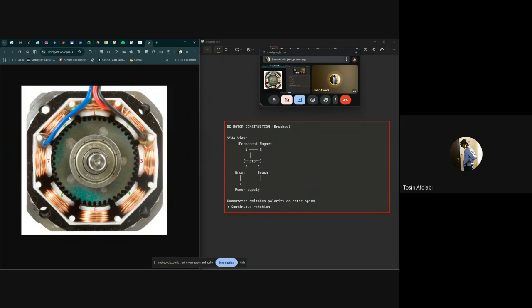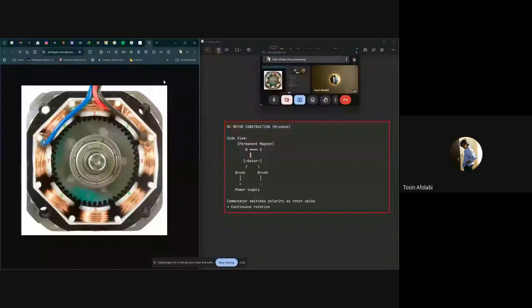I think this is 1, 2, 3, 4. You see the exact same 4, but this one is just 2 coils instead of 1. So that means this is 90 degrees. If we full step, that's going to be 1.8 degrees for it. But that's going to be 90 degrees on these two, 90 degrees on these two, and so on.